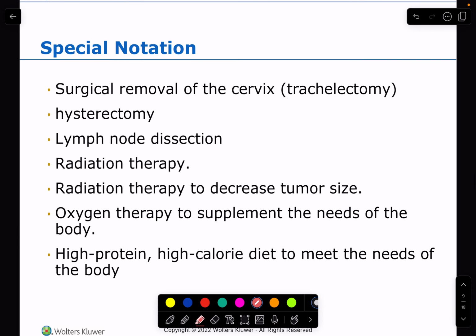Special notation, surgical removal of the cervix that we call a trachelectomy. Okay, that is trachelectomy. This is the cervical region, or we simply also call this a cervicectomy. No? So, pwede rin po yan. We can also call this term cervicectomy. This is actually a type of surgical approach kung saan very beneficial sa mga taong infected with cancer who still have a plan for childbirth, or are planning to have a baby someday.